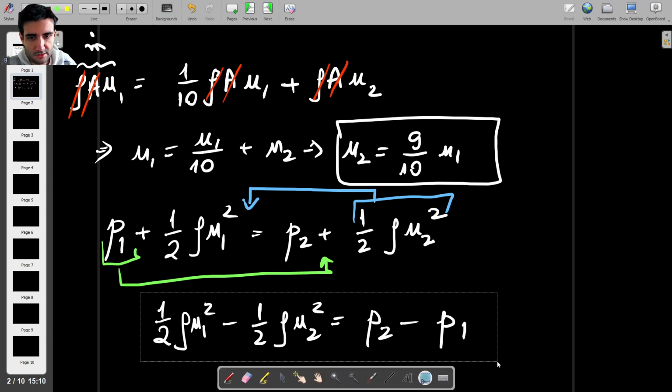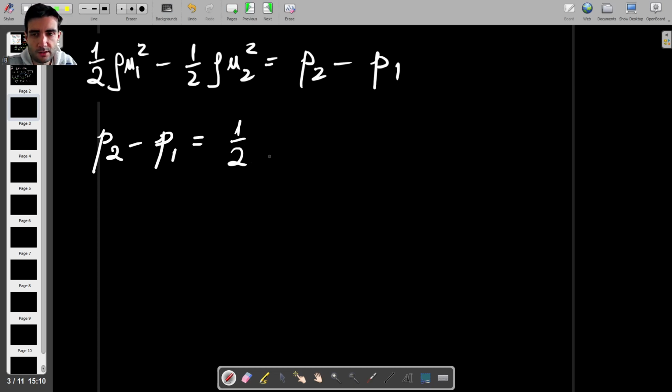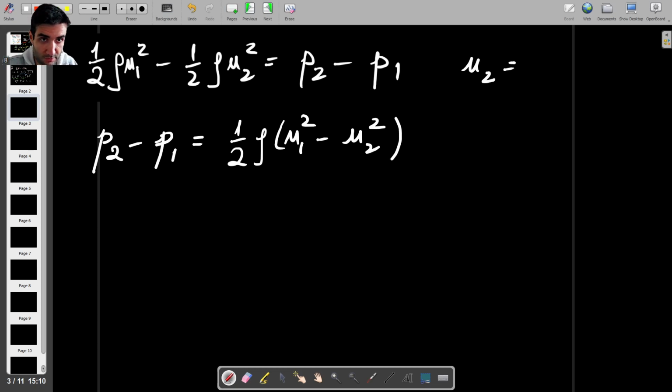So let's move this somewhere else. So this is P2 minus P1 essentially. So we've written P2 minus P1 in terms of the velocities, but we actually have to write P2 minus P1 in terms of just U1 and not U2. But we know, or we found from earlier, that U2 is 9 over 10 U1. So we're going to take this, we're going to put it here.